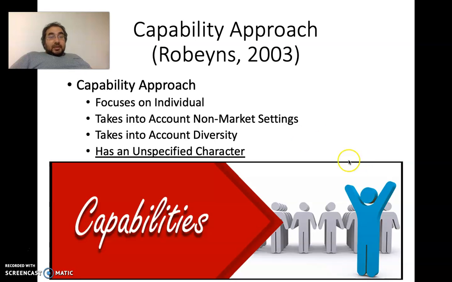The third thing is that it accounts for diversity. The very famous thing for the resource-based approaches is that you might try to guess what resources are necessary, for example, to lift people from poverty. But different people might have different needs, basically.